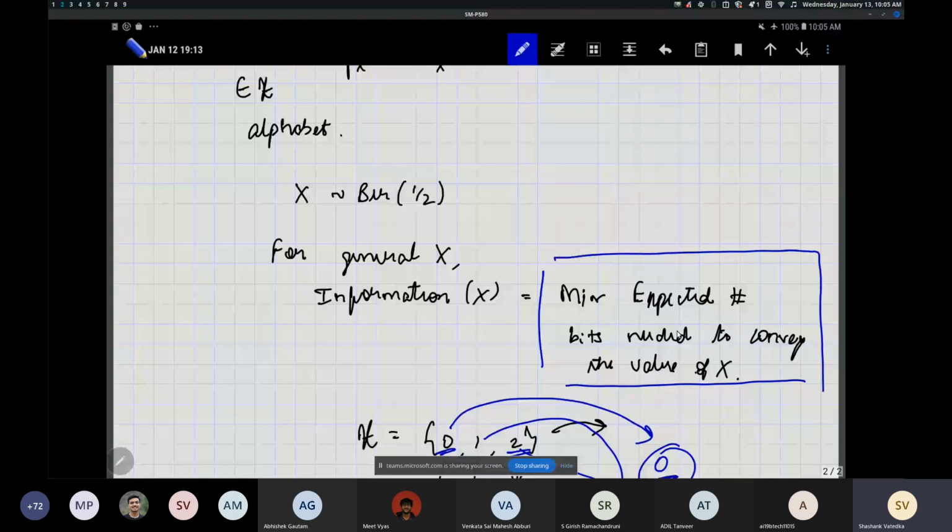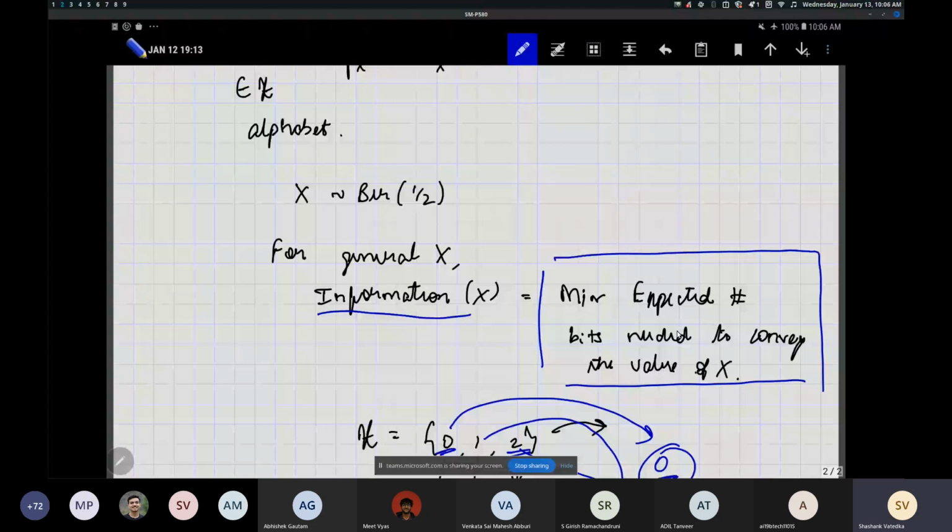The entropy is not exactly this information that I've defined, but it is something that is close, and we'll see how that comes up in the context of compression. We'll see that entropy arises naturally as a solution to the problem of compression, and going on, we'll see more such definitions.